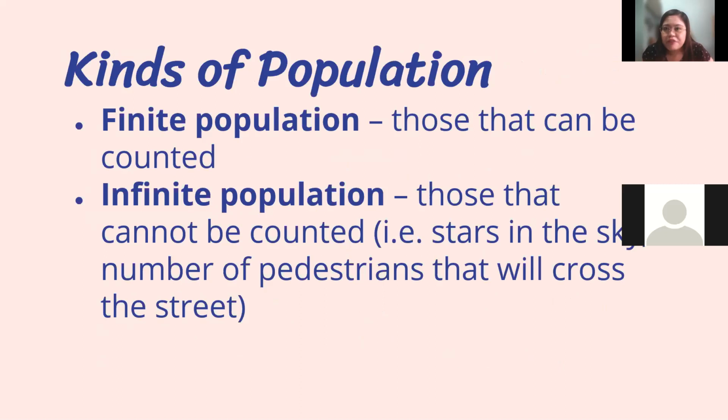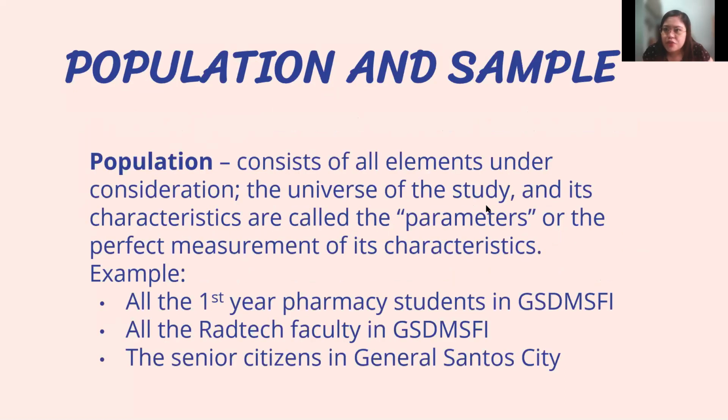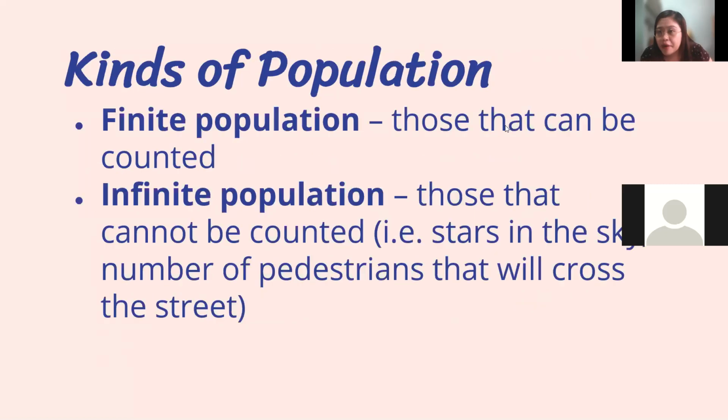We have two types of population: finite and infinite. A finite population can be counted. Just like the first year pharmacy students at GSD-MSFI, we can count them. We can even ask the registrar how many first year students there are, and we have the number. Therefore, it's a finite population.